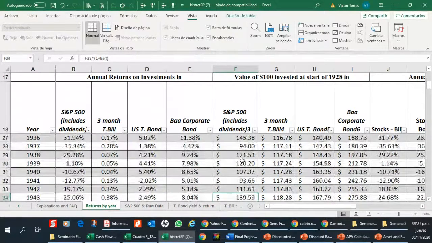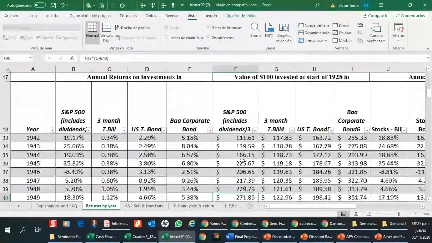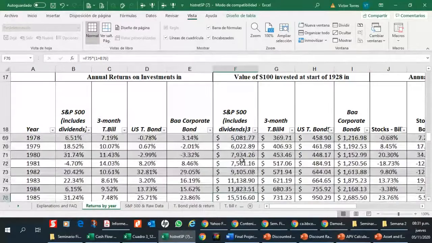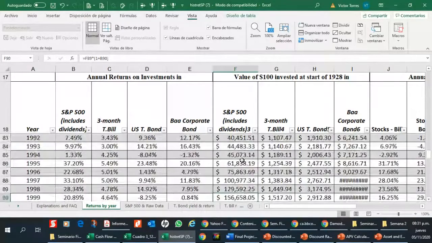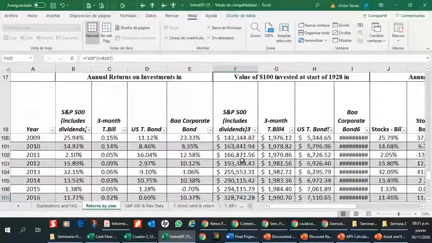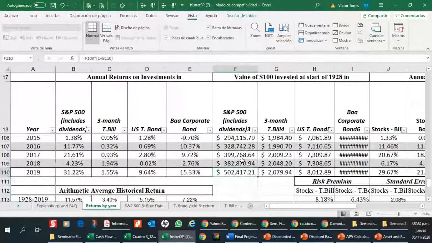And that's also a possibility for us to invest abroad. If we go along several decades, those $100 in 1928, imagine fast forwarding almost 100 years, 91 years, to 2019, those $100 would have converted into $500,000.